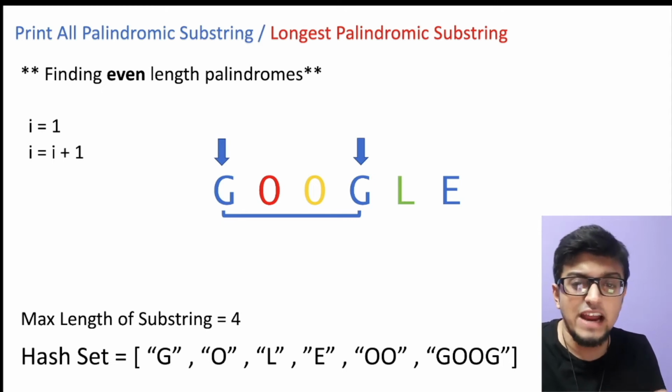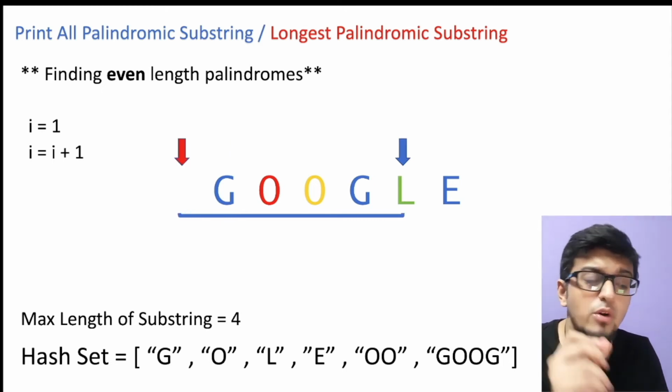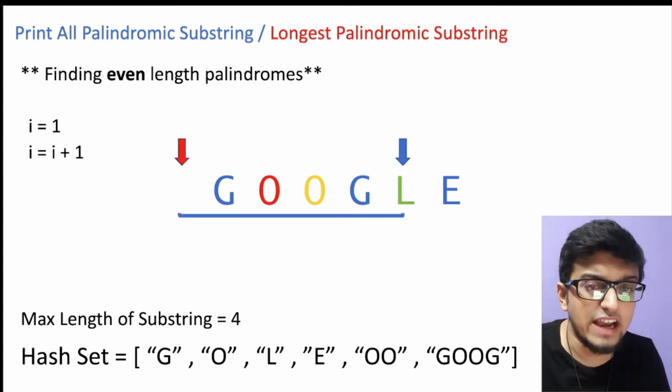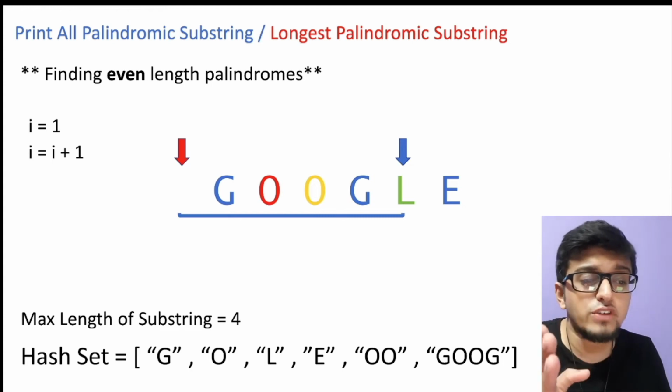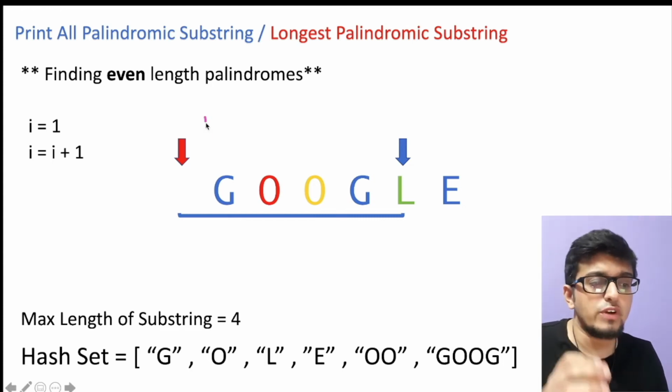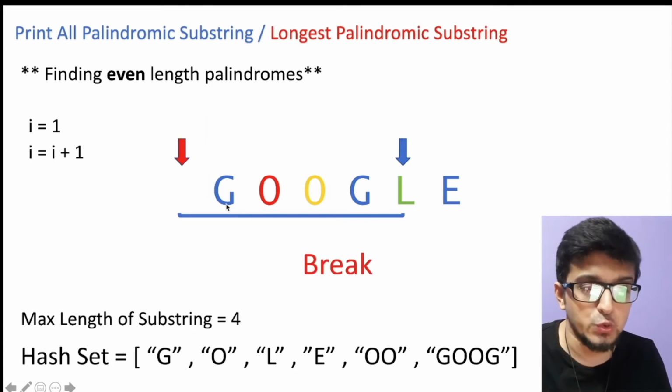Now let's move forward with the iteration. Again, since this is a palindrome, we will again increase the window size. But in this case, the left hand side pointer moved out of our index size. So we will stop over here and we will increase the value of i to 2.